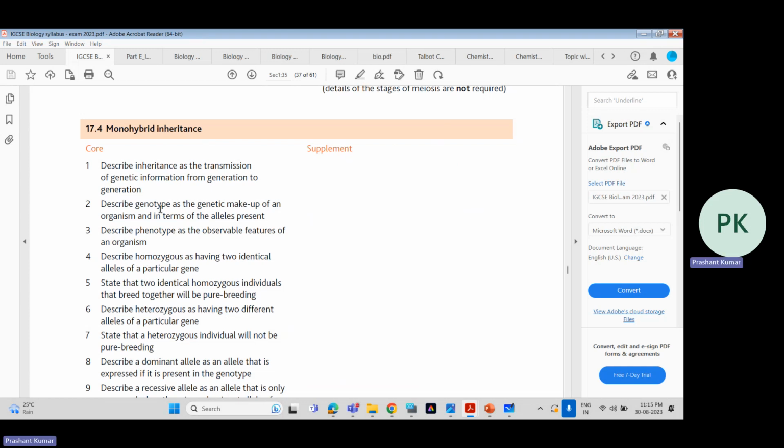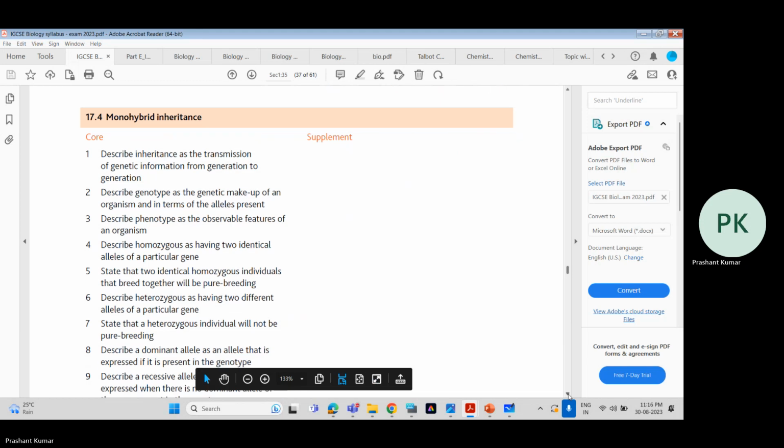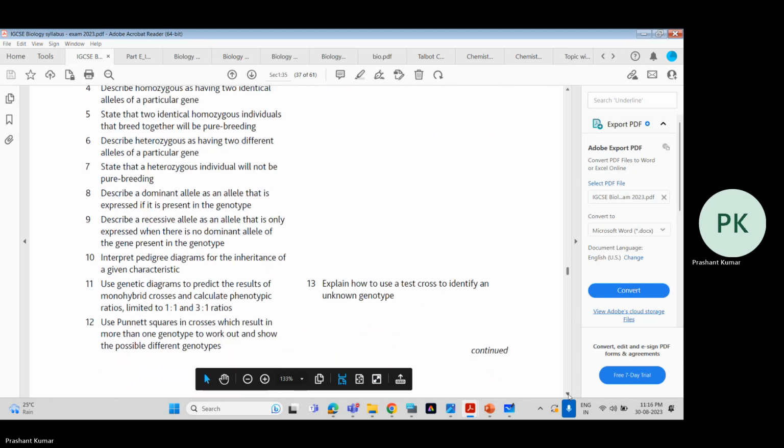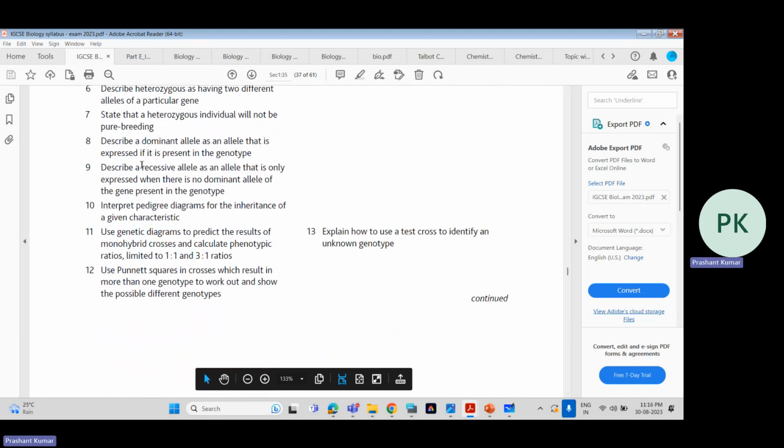We'll discuss the genotype, phenotype, homozygous, then heterozygous. Then we'll talk about dominant allele and recessive allele. Then we'll talk about how to interpret a pedigree diagram, then a genetic diagram to predict the results, the 1:1 ratio and the 3:1 ratio.